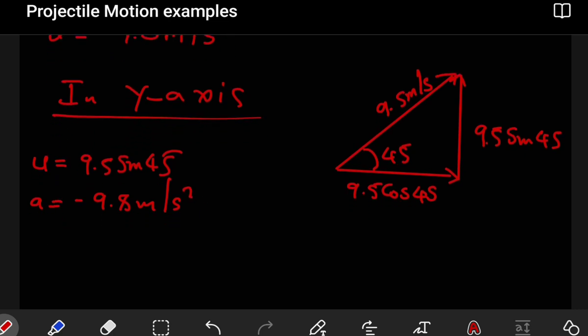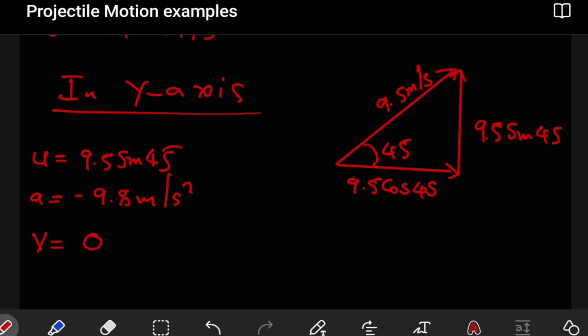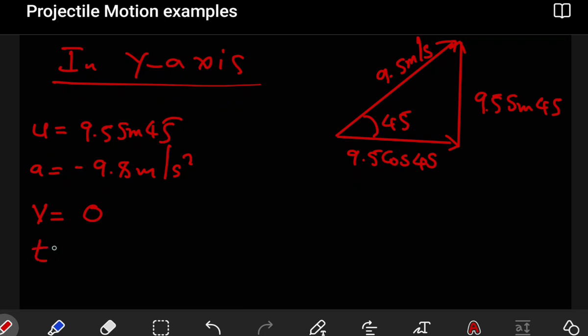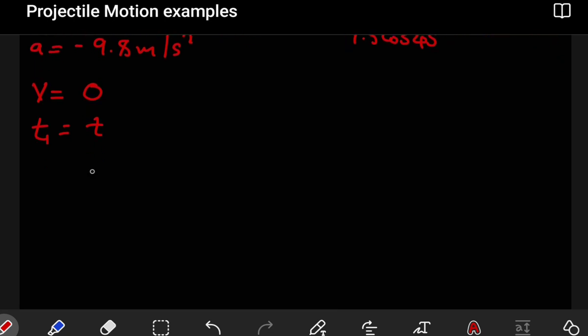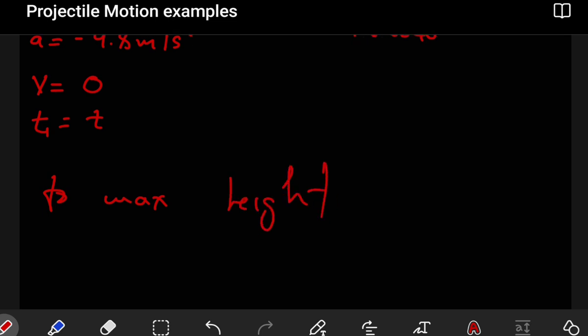Then what else? First, we're going to the top part. Just as he is going up to the maximum height, the velocity at the maximum height, v, will be equal to 0. What I want to find is how long it takes him to reach the maximum height. Let's label that as just t for now. So to reach the maximum height, what happens?